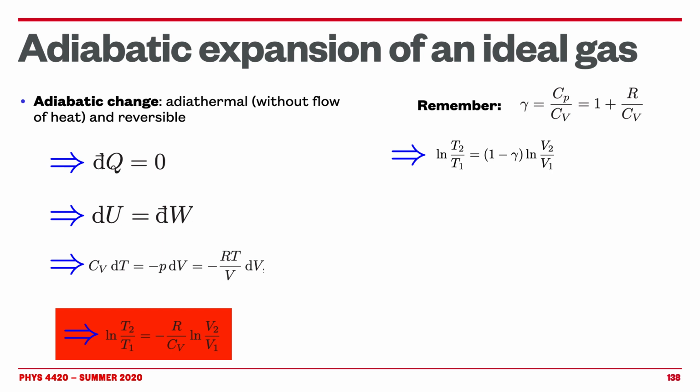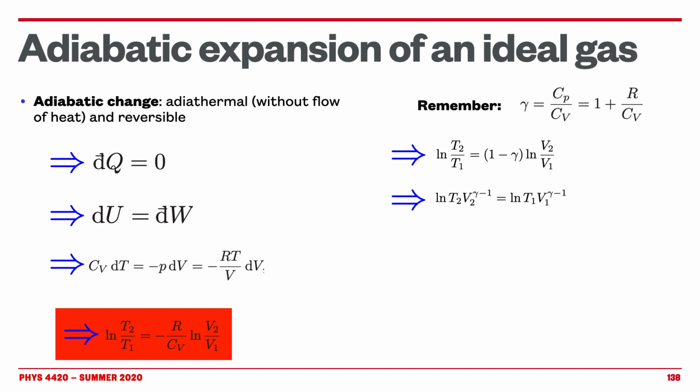Now we can put all the variables that depend on the final state on the left, and all the variables that depend on the initial state on the right. And using the properties of logarithm, we find that the logarithm of T2 V2 to the power gamma minus 1 is equal to the logarithm of T1 V1 to the gamma minus 1.